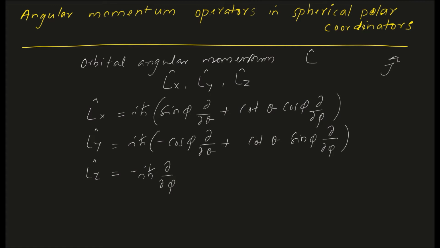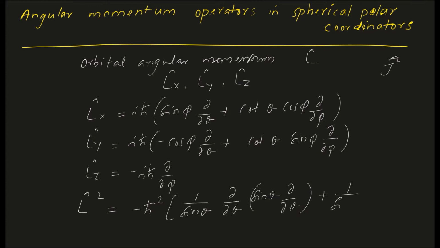So if you put all these things together, we can define the L square operator similar to our J square operator. L square is given by minus h cross square, 1 by sin theta dou by dou theta sin theta dou by dou theta plus 1 by sin square theta dou square by dou phi square.